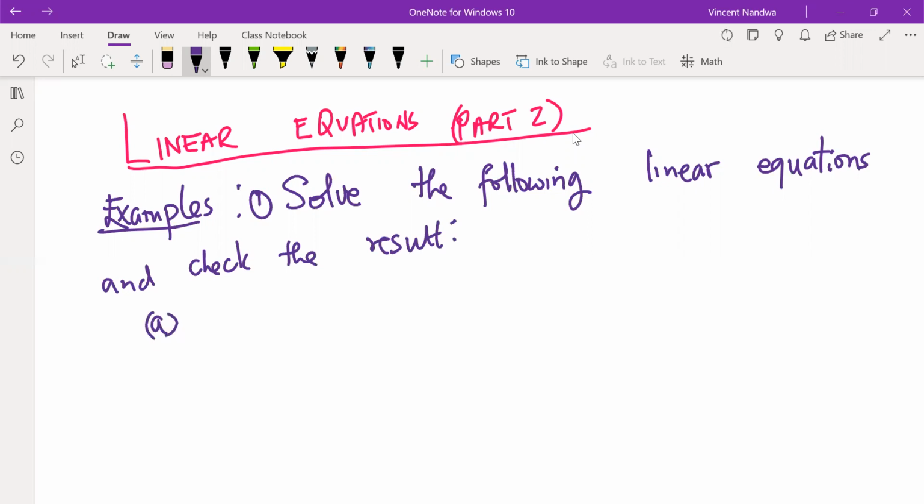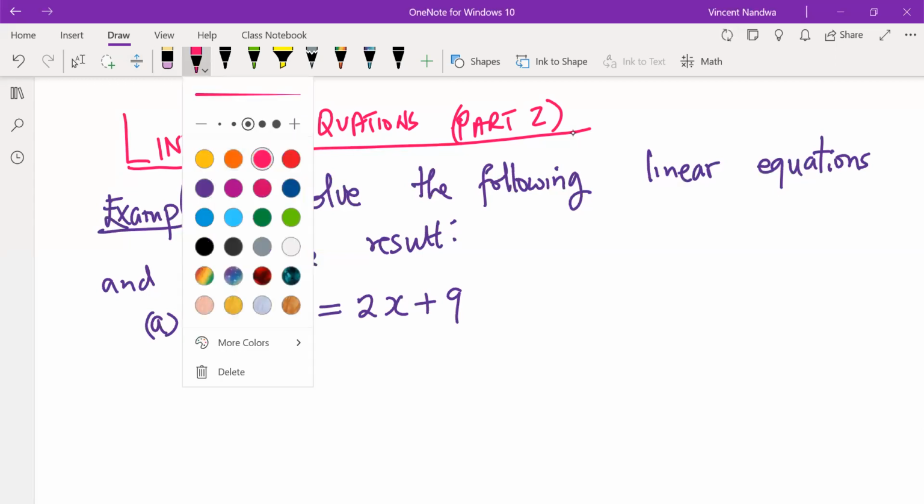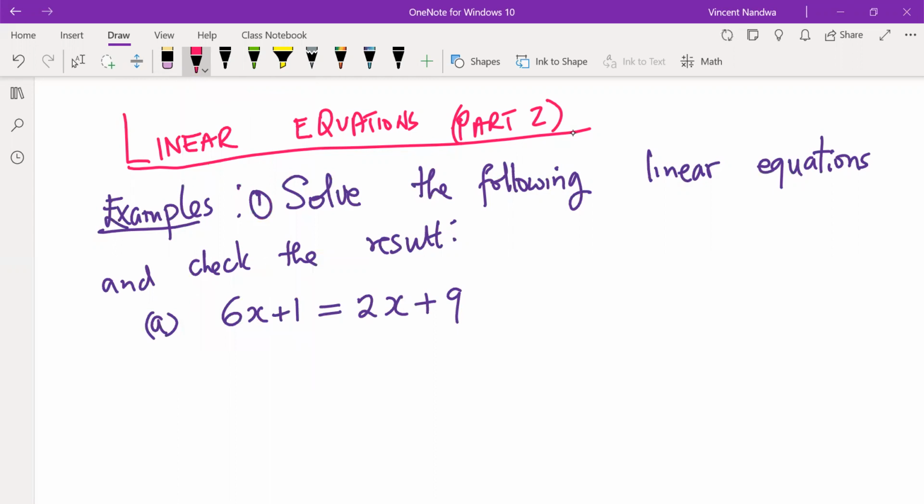So A, we have 6x plus 1 is equals to 2x plus 9. Now, to solve this equation, we'll collect like terms.